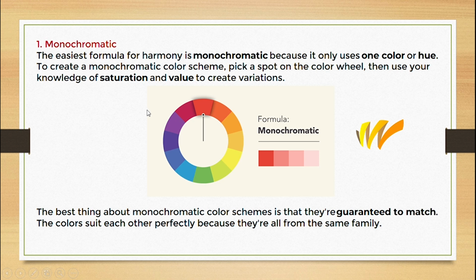Monochromatic means you are using one color all through your designs, but you might use a lighter version of it, a darker version of it, or a more intense version of it. I hope you get that. To create a monochromatic color scheme, pick a spot on the color hues. That means I can pick any color hues like this. I can now go way down to the lighter version of the color. So when I pick a color, I can now use my knowledge of saturation and values to create my variance.